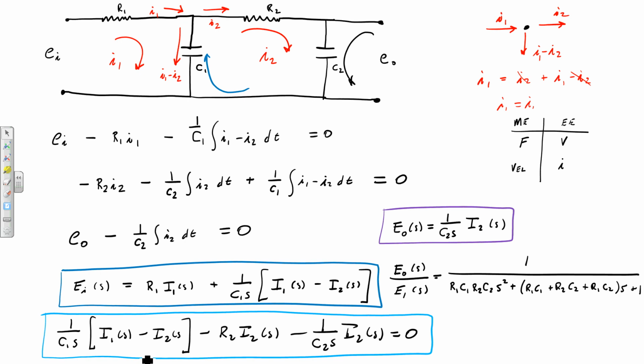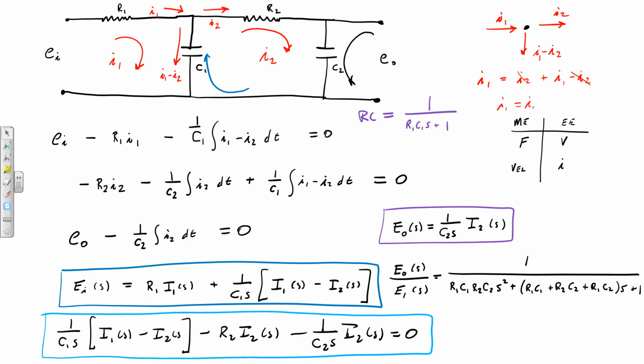Now, if you had just one RC circuit, its transfer function would look like this: 1 over R1C1S plus 1.